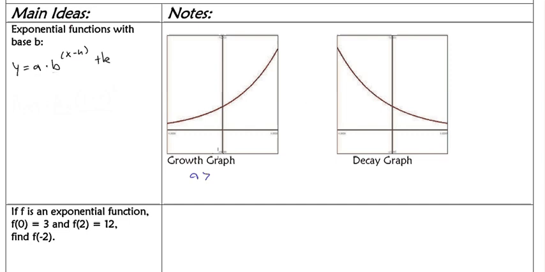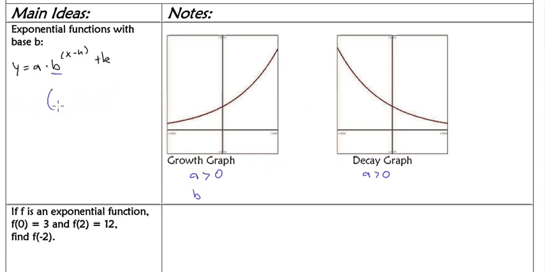I suppose A could be negative, in which case it would flip the graph and look a little bit different, but I can't think off the top of my head why you would do that, because we're dealing with initial amounts of something. That's going to be our A value. B is like our percentage rate.